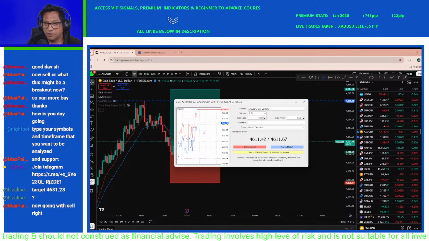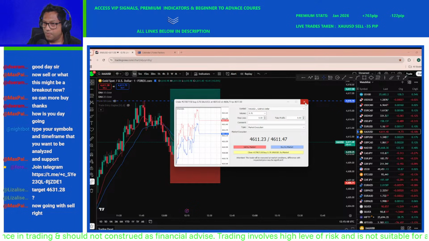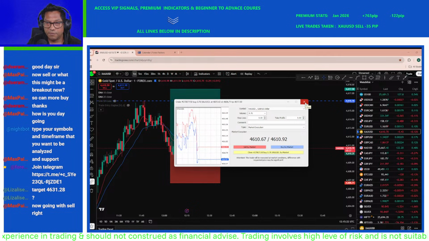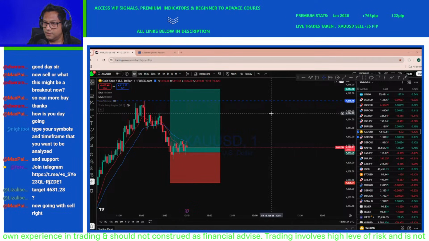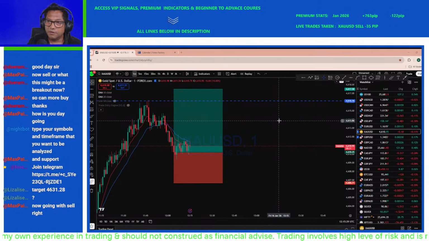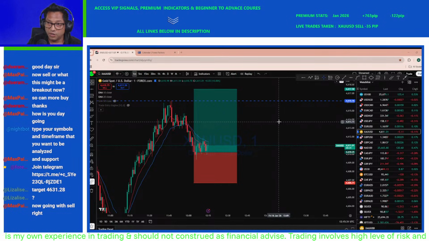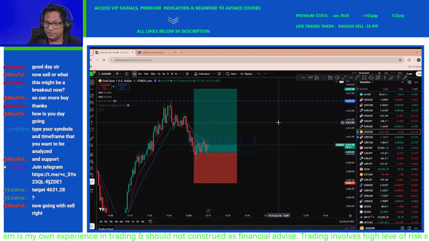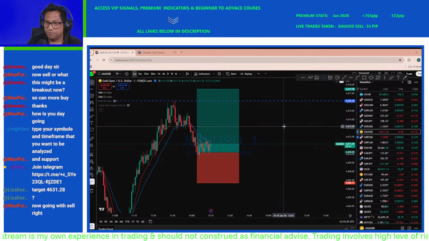This is the natural rhythm of the market. It's never going to go in one direction as always expected. There will always be fluctuation.